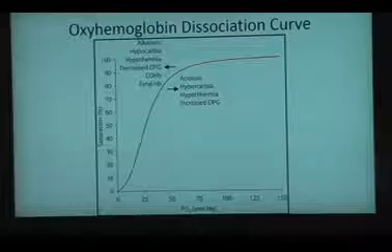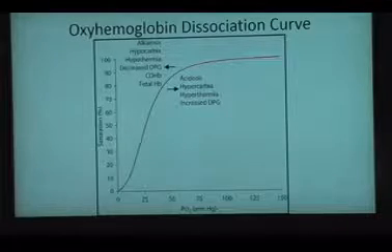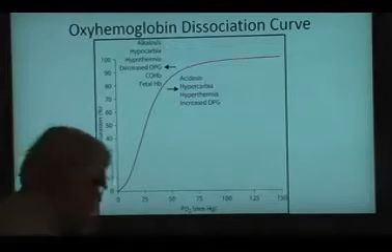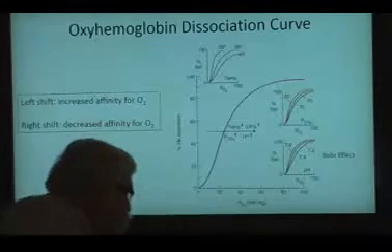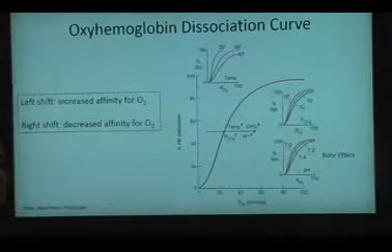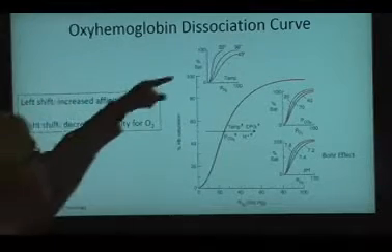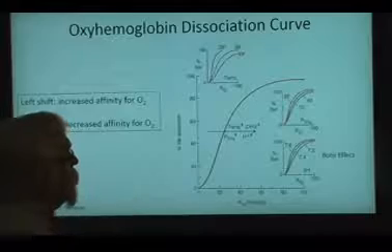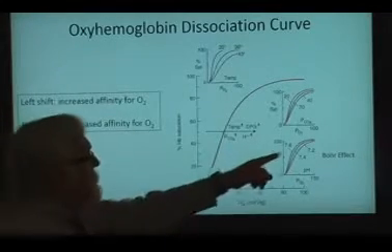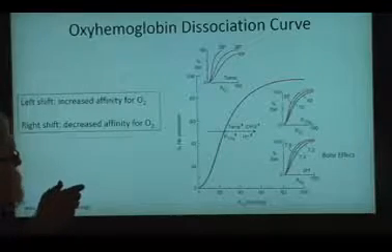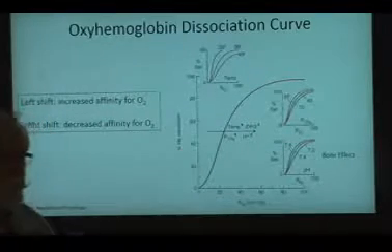So what is the physiologic and clinical significance of shifts of the oxyhemoglobin dissociation curve? Well, the curve shifts to the left with hypothermia, alkalosis, or a decrease in PCO2.